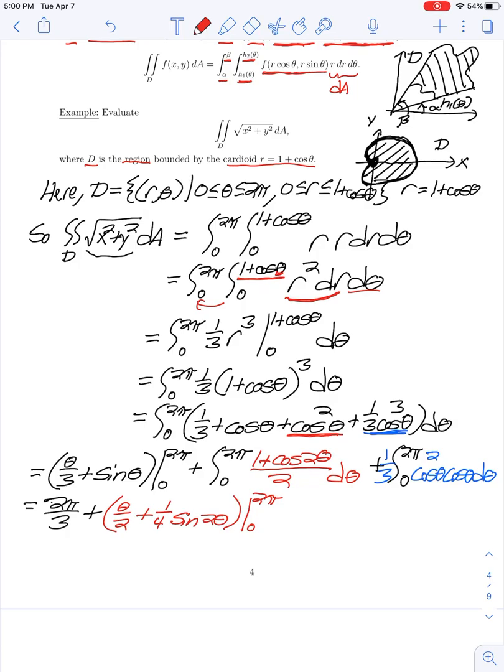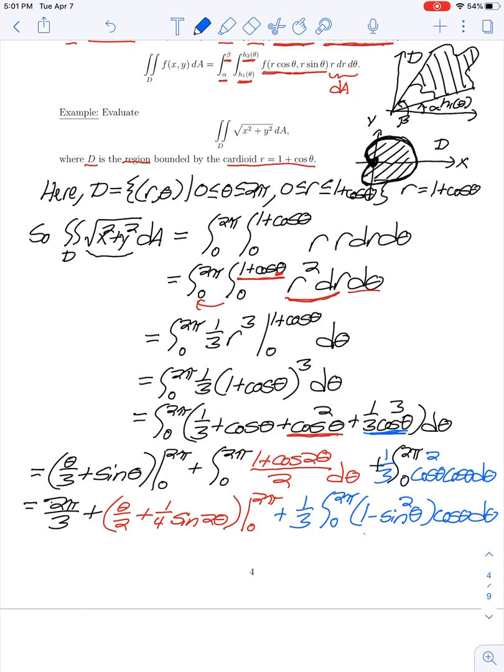Now for this last part, we have a constant 1/3 out in front. And to integrate cosine squared theta times cosine of theta, we rewrite cosine squared as 1 minus sine squared of theta. And we have a cosine of theta d theta.